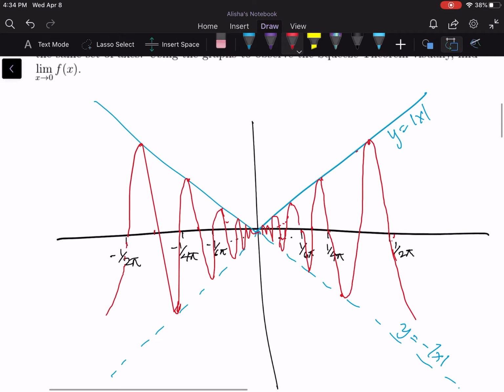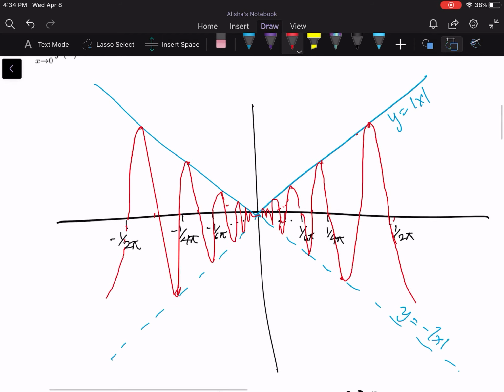So I drew my graphs down here, and the solid blue line is y equals the absolute value of x, and the dashed blue line is y equals the negative absolute value of x.